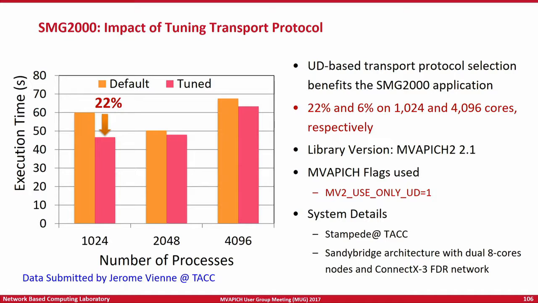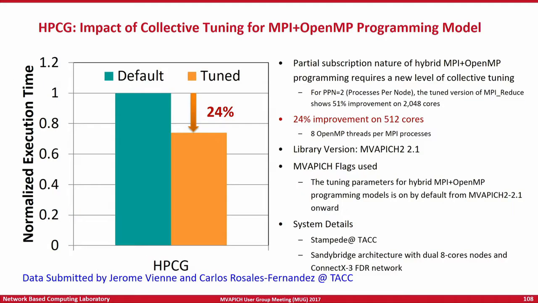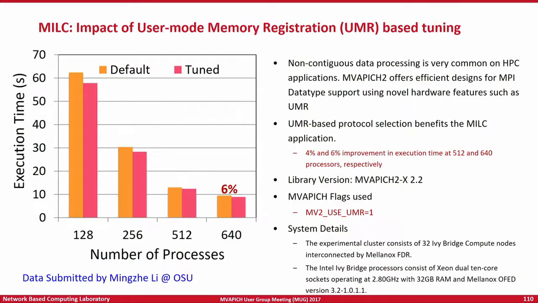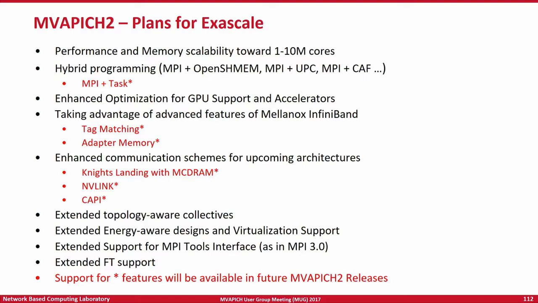So with that, let me conclude this talk by briefly mentioning what we are looking at for the future. We would like to look at the MPI plus task-based programming model. We want to see how we can enhance tag matching and take advantage of the adaptive memory. If you think back to Gilad's talk, this is the BlueField technology that Mellanox had mentioned. We want to see if we can take advantage of the FPGA or the core on the HCA to do small operations.